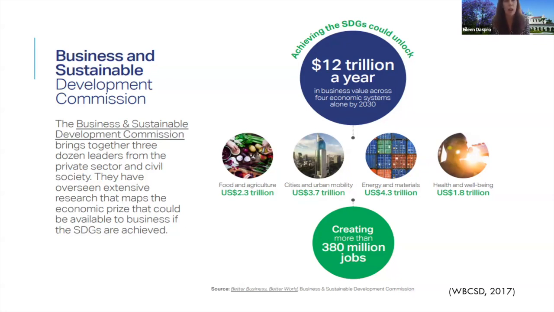If we're going to drive home the business case for firms that there is money to be made, there are important cost efficiencies to be realized as a result of sustainability initiatives. They are in great part in the industries of food and agriculture, urbanization and sustainable cities, energy use, and more responsible material use, sustainable materials, and health and well-being.